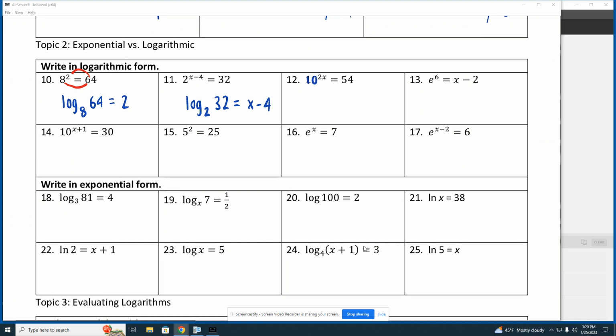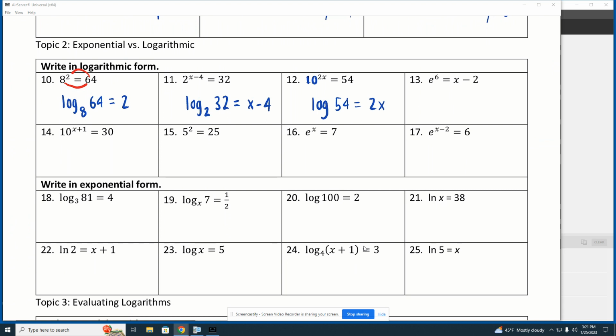See, it has a base of 10. The only way that's different is when I write log, without putting a base, it's understood to be base 10. So I don't have to put the 10 there. Now, if you did, it's not like it's going to be wrong. It's just no reason to. So it's just log, and then you do the loop of 54 equals 2x.